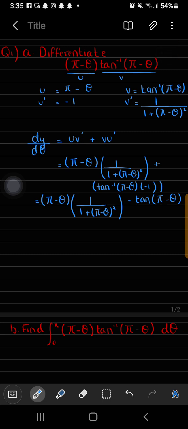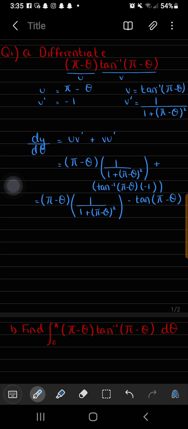What did we do? We analyzed that we have to apply the product rule here, and u was pi minus theta and v was tan inverse (pi minus theta). The differentiation of tan inverse (pi minus theta) is 1 upon 1 plus the square of (pi minus theta), and the differentiation of u is minus 1.